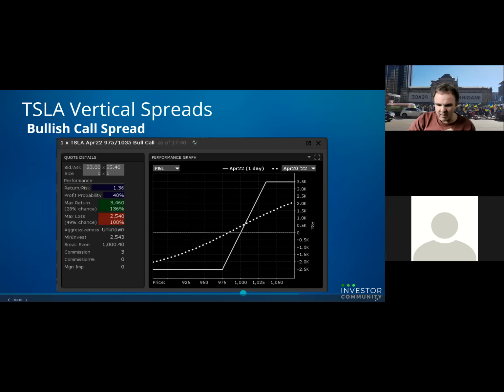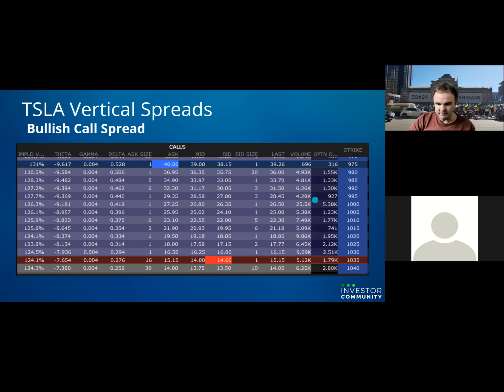Those numbers are slightly different because it's using the ask price when we're buying and the bid price when we're selling. We're not going to do that though, because we're smart traders. We're going to put our order somewhere in the middle here, so we're going to make a little bit more than Interactive Brokers thinks we're going to make.